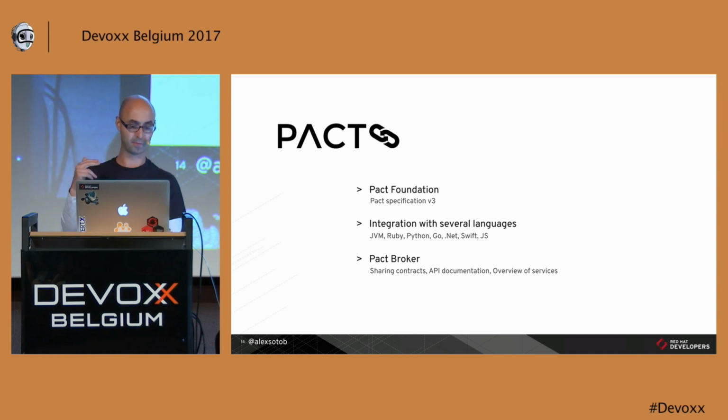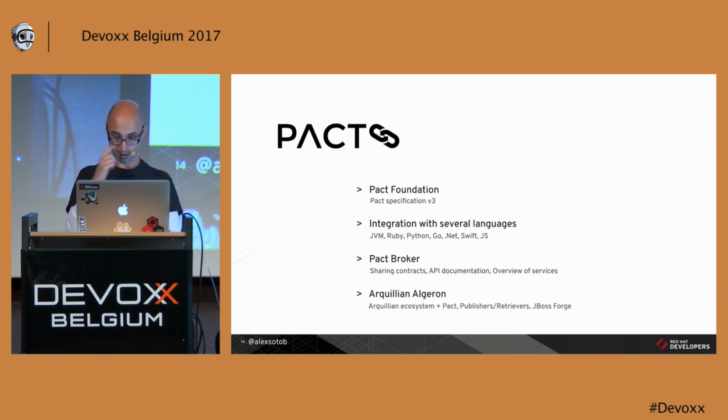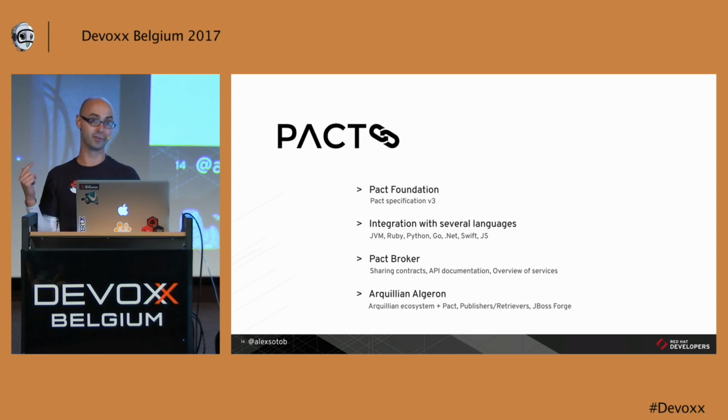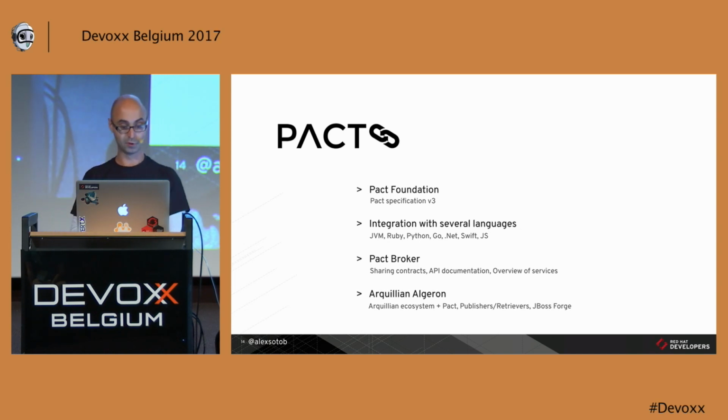You can think of the Pact broker as a hub where you can publish contracts, tag contracts, and then get contracts by tag or by version or several other ways. And finally, it integrates with Arquillian Algeron, which means that you have all the features of the Arquillian ecosystem plus Pact, and we also provide some features that are not provided by Pact itself.